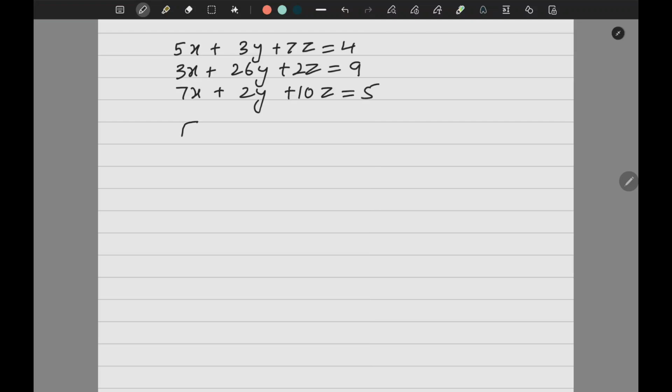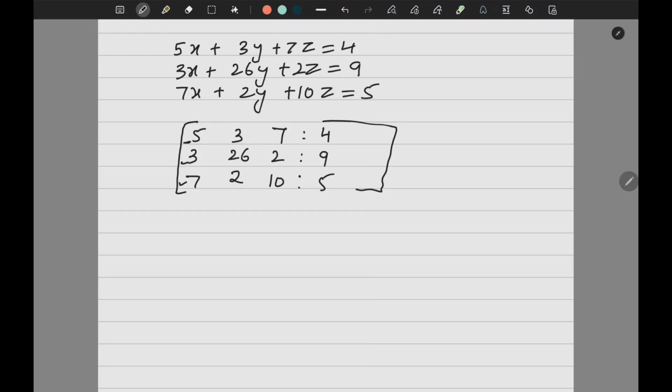Right? So what is the first step? Write the augmented matrix. So 5, 3, 7, 3, 26, 2, 7, 2, 10, 4, 9, 5. Correct?